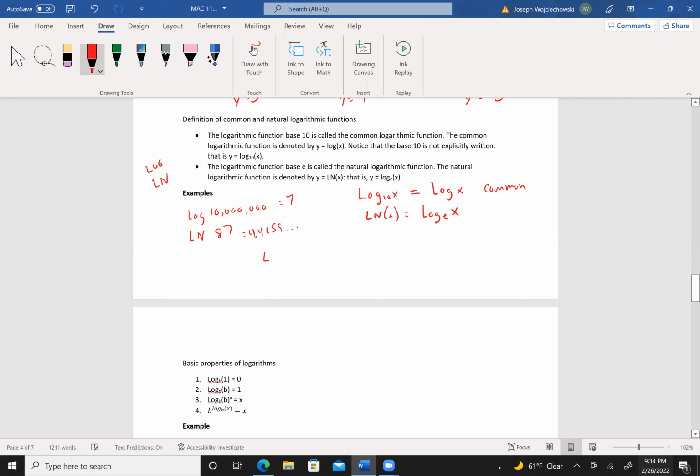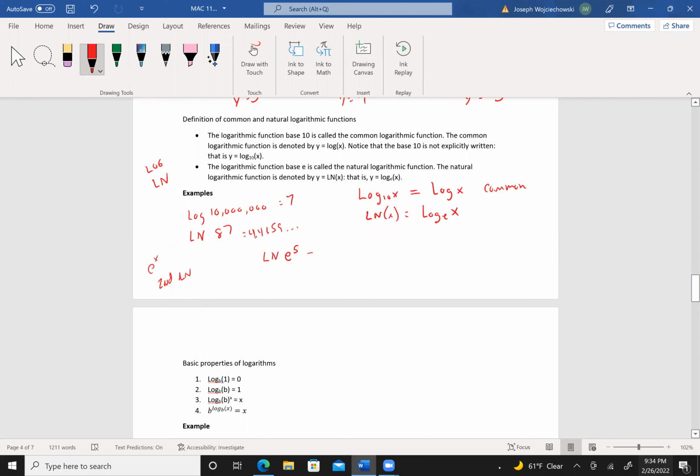How about the natural log of e to the 5th? This is where we're going to need to hit the second key. To get e to some power, you hit second and then the ln button. So we hit second, ln, and then we take it to the 5th power.